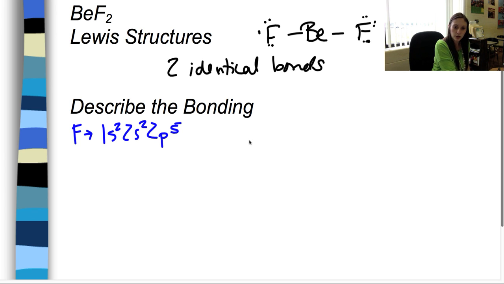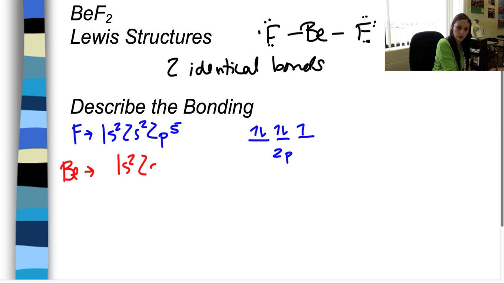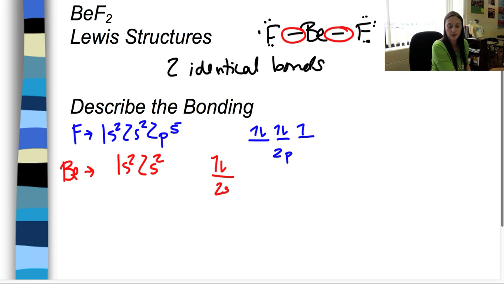So if I look at fluorine's 2p's, there are 5 there. Beryllium is 1s2, 2s2, so it's going to overlap its 2s's with fluorine's 2p's. These 2 bonds need to look exactly the same and have exactly the same type of orbitals.